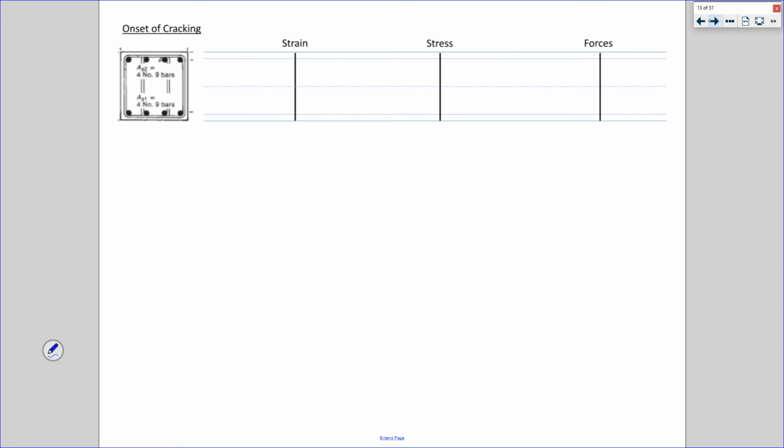Onset of cracking. What does my strain profile look like? And remember, this is the centroid of my steel. My strain profile for the onset of cracking is right when I reach ECU up here and ES here.